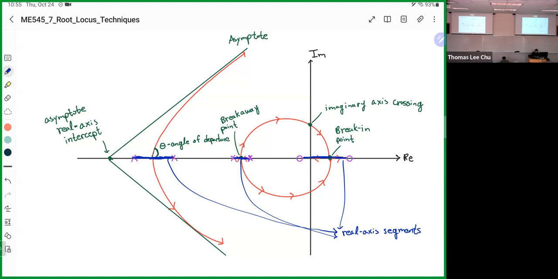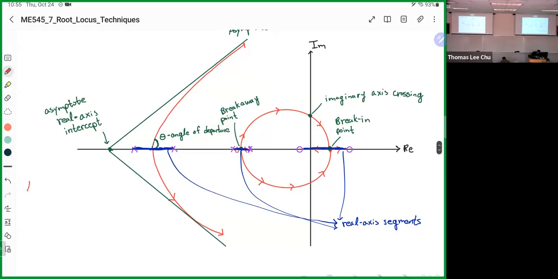So that means there are two poles that exist on this real axis. Like right here, we see a pole in purple. Right here, there are two poles going towards each other on the real axis. They're called real axis segments. And all of the trajectory lines are called branches.